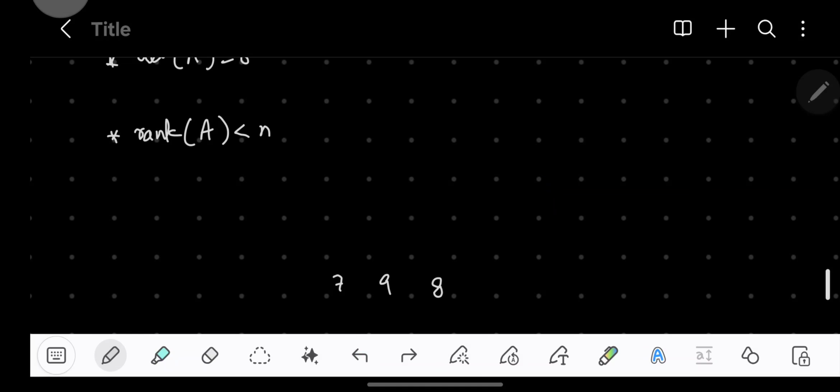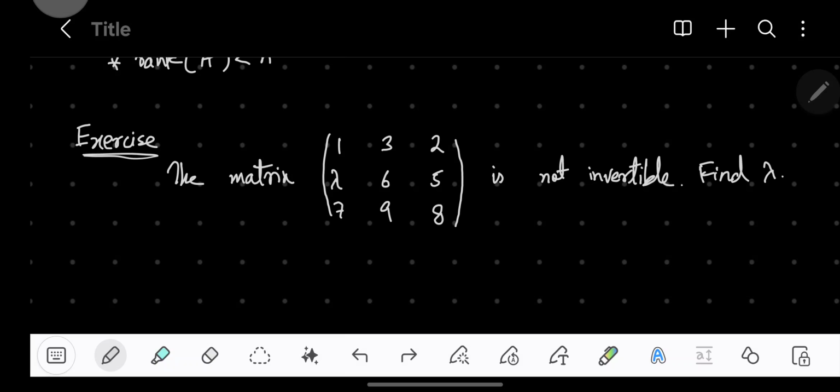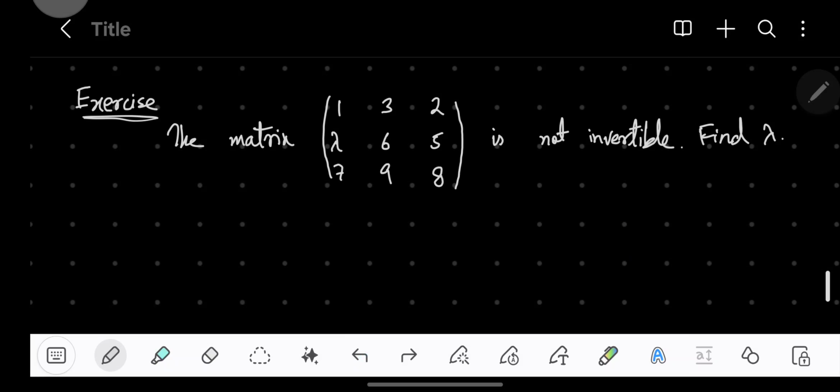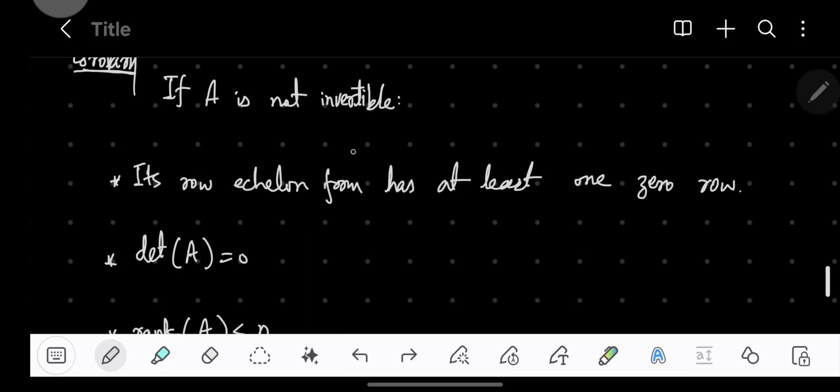Okay, let's do an example. There is an exercise. In this exercise, we are given that the matrix is not invertible. We have to find the lambda. Since we are given that the matrix is not invertible, that means the determinant of A is 0.